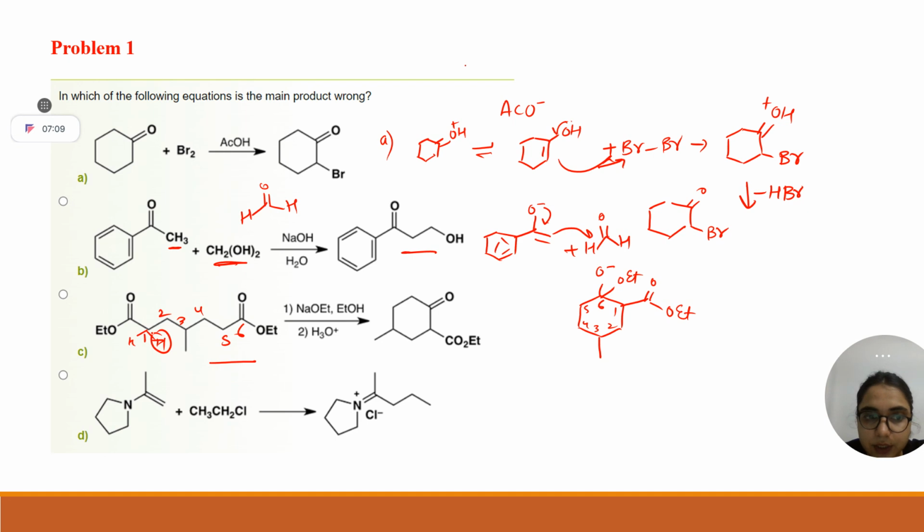Now O negative will come back. Obviously it will eliminate this OEt minus, because oxygen bearing negative charge is more stable than carbon bearing negative charge. Therefore this OEt will knock off and you will get a beta keto ester.